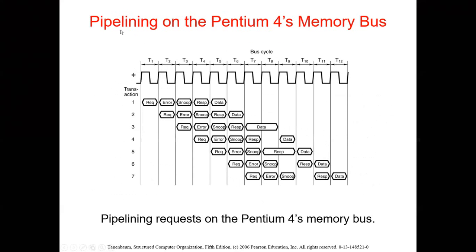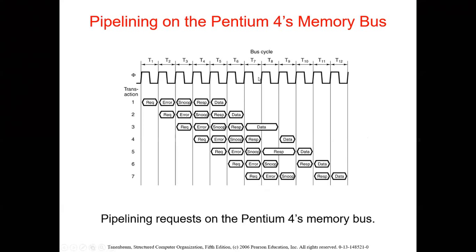Okay, so pipelining in the Pentium 4 memory bus. Instead of finishing the whole memory cycle in just one cycle, you can do pipelining just like your CPU. That better utilizes the whole bus.